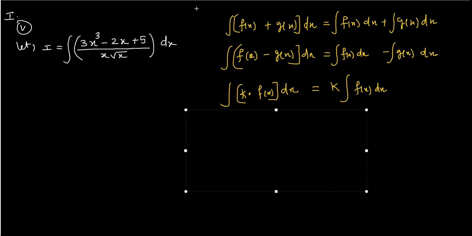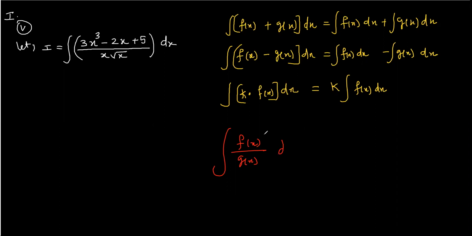What if I have integration of f of x upon g of x dx? If I have a function of x divided by some other function of x, do I have a rule here like we had in derivative?